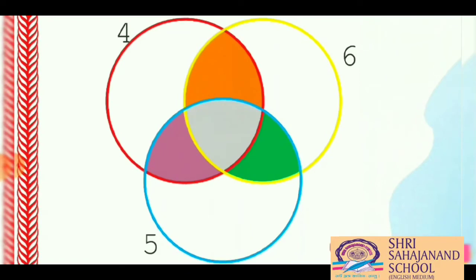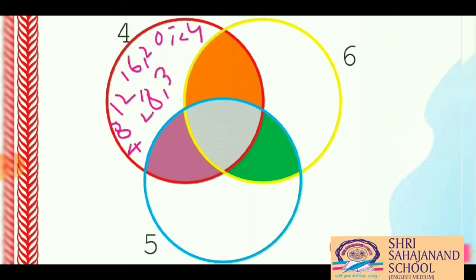We are going to try to find the common multiples. First we have to write the multiples of 4. So let's start to write it. First we will write 4, then 8, then 12, 16, then 20, then 24, then 28, 32.